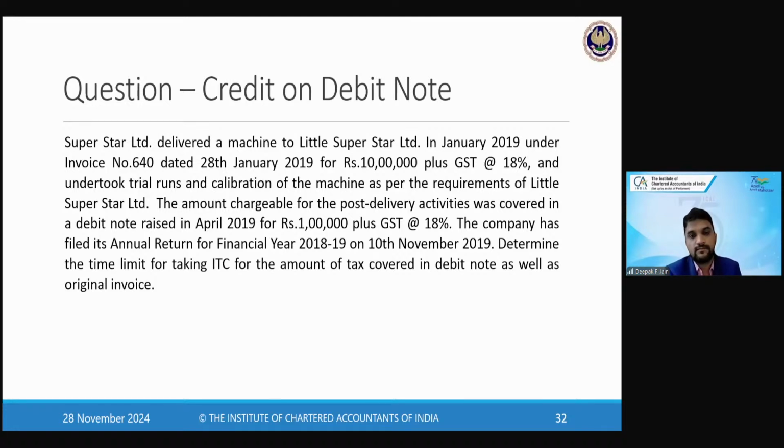The amount chargeable for the post-delivery activities was covered in a debit note raised in April 2019 for rupees 1 lakh plus GST at the rate of 18%. The company has filed its annual return for financial year 18-19 on 10th November 2019. Determine the time limit for taking ITC for the amount of tax covered in the debit note as well as the original invoice.